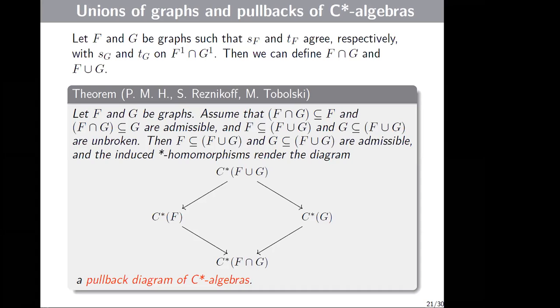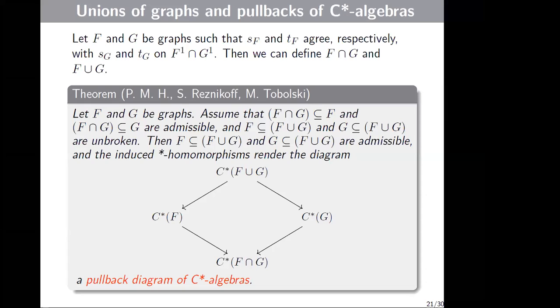So what's the theorem now? I have these graphs F and G, and I assume that the intersection subgraph is admissible both in F and in G. Because by making sure that the source and target maps agree, all I have is a subgraph in the most naive, simple-minded way possible. These are just subgraphs, but they don't yet induce star homomorphisms of C-star algebras.